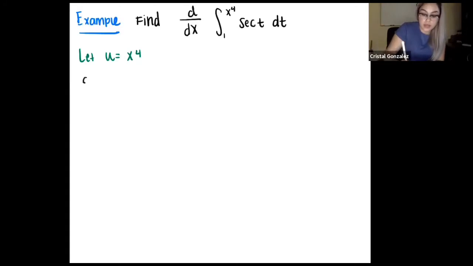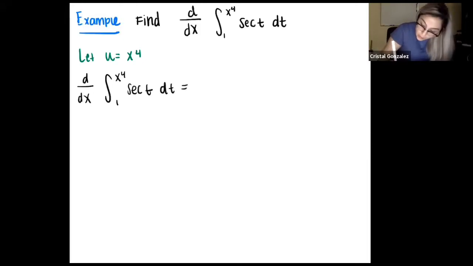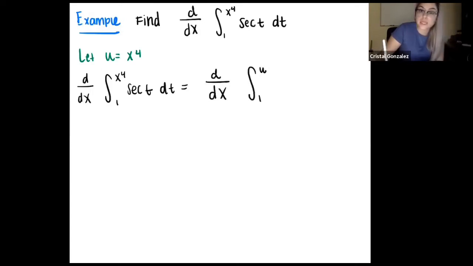And so then the derivative with respect to x of the integral from 1 to x to the fourth of secant t dt is now going to become d over dx of the integral from 1 to u, since we're replacing that, of secant t dt.